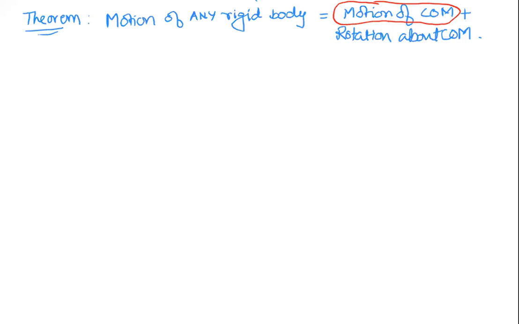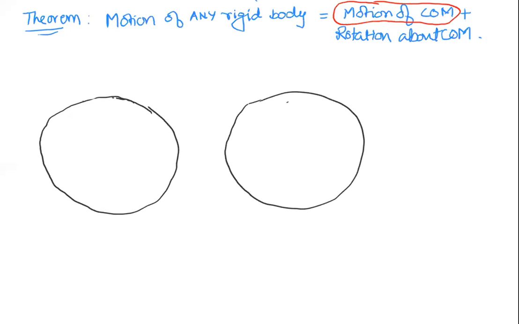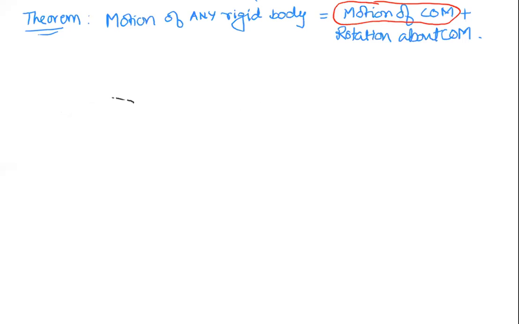So first, let us talk about the translation of this object, the rotation of this object, and direction is not causing any hindrance. No. Because here there is no independence of mutually perpendicular directions.